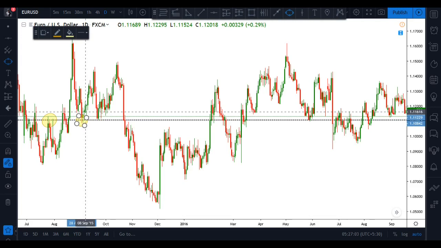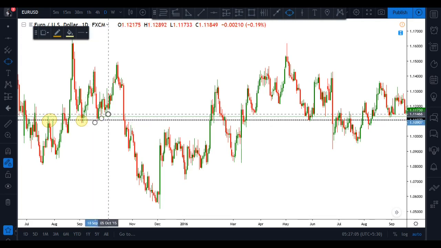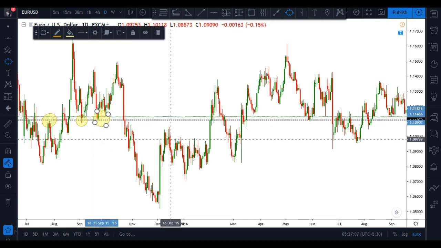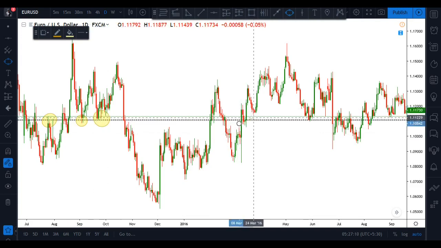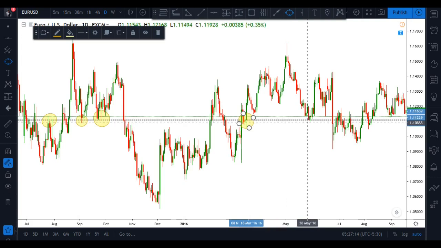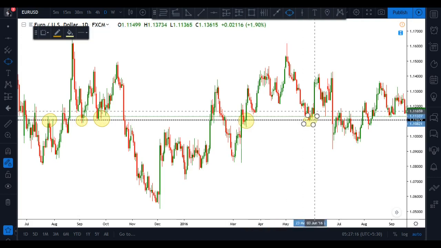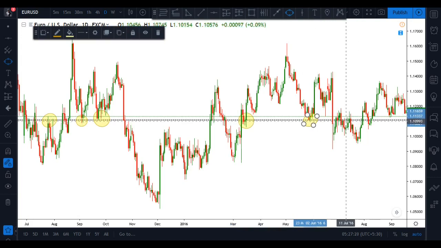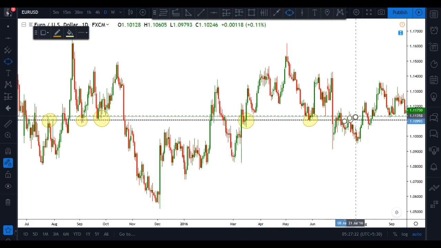Here we go, 1, 2, 3, and here we have some sort of reaction, and here we go another one, and here we have another one.